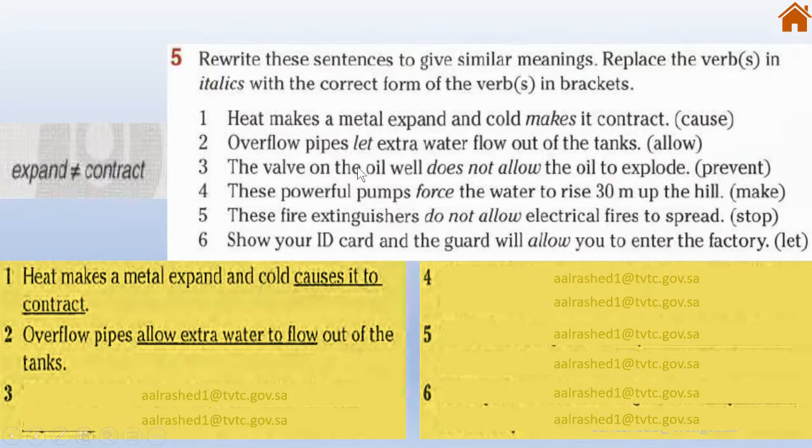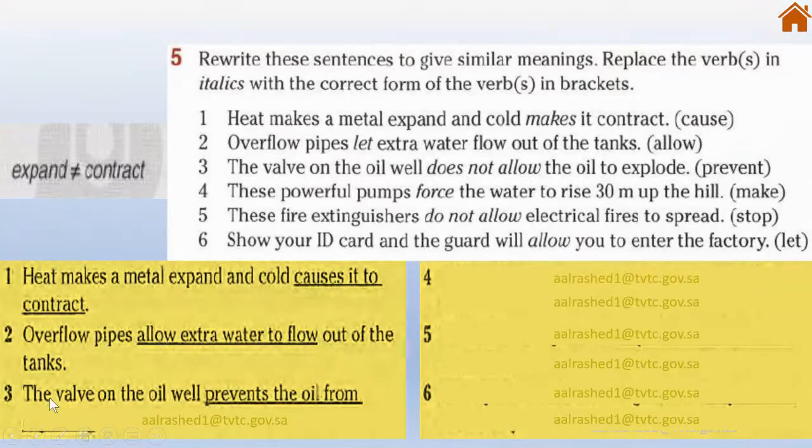Okay, 3. The valve on the oil well does not allow the oil to explode. So "does not allow" means prevent, basically. We need to change it to prevent, and don't forget that prevent needs "from" and "ing". So this is the verb. Before the verb, we need to put "from". So this is the answer.